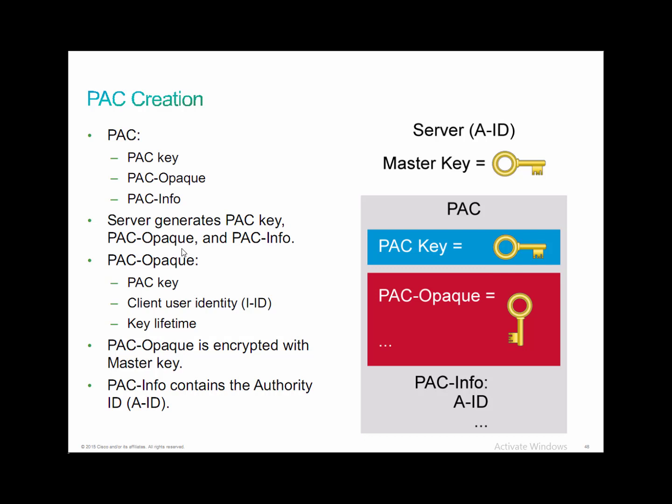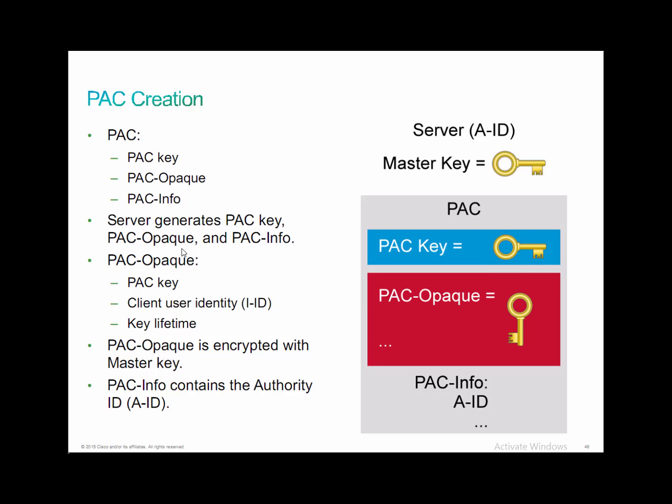So to create the PAC, the server authority identity, which we call the A-ID, we see that at the bottom of the screen there, maintains a local key, which is called the master key. That's basically like a private key, only the server knows that key.